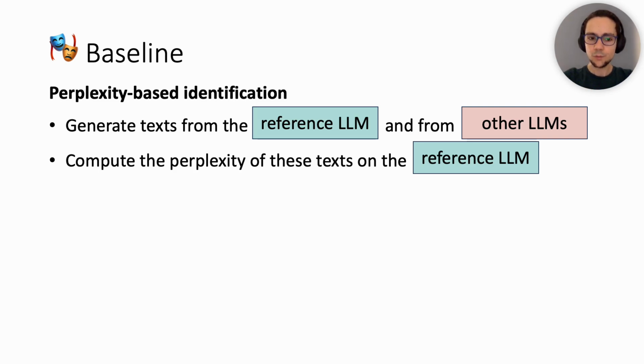To solve this problem, we first look at one baseline called perplexity-based identification. In this method, we generate text from the reference LLM and from other LLMs. Then, we compute the perplexity of this text on the reference LLM.